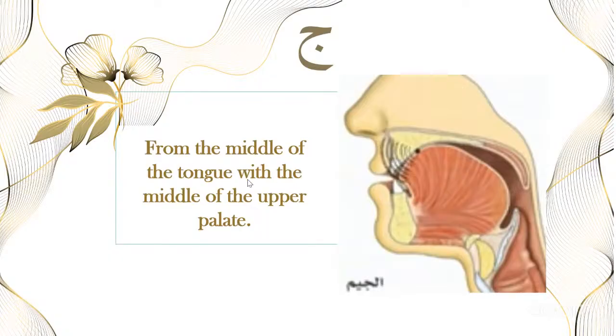We cannot raise only the middle of the middle part. What I'm saying is that we will use the complete middle part, but your focus should be on the middle of the middle part. Same for the letter ba: we use the complete lips, the inner lip and the outer lip, but the makhraj is only the outer lip. Your focus should be on it, even though we will use the sides also.